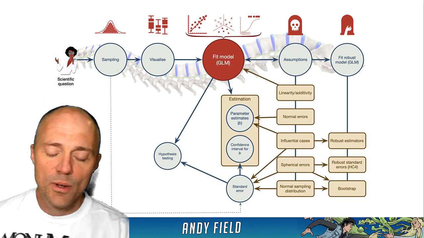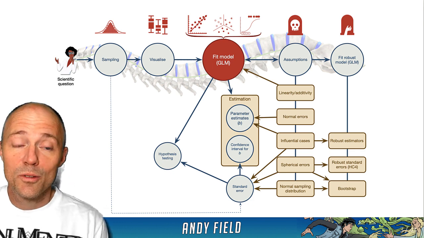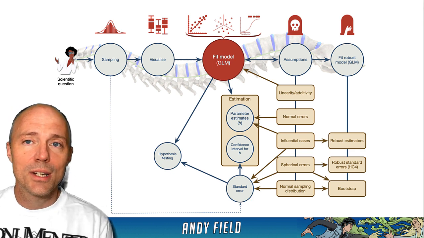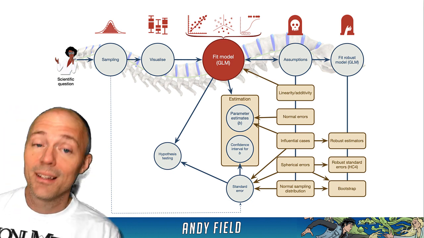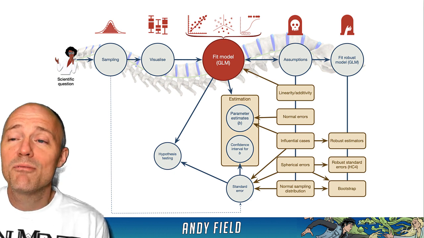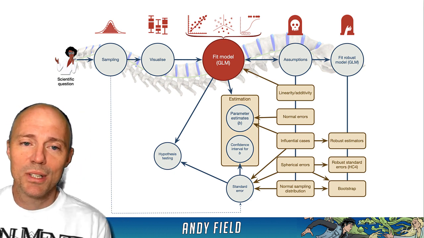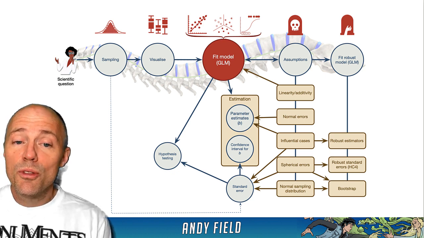So where does this fit into our model? Well, we've talked about this spine of statistics, that we always start off with some kind of scientific question that we're interested in answering. We will sample some data, visualize the data before we do anything. Then we fit a statistical model, and those models are invariably variations on the general linear model. And we saw that when we fit a model, there's 2 things we can think about.